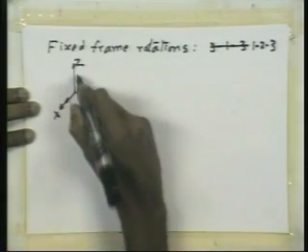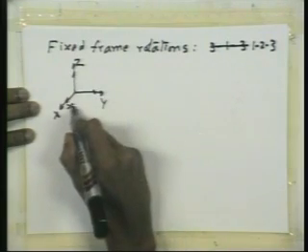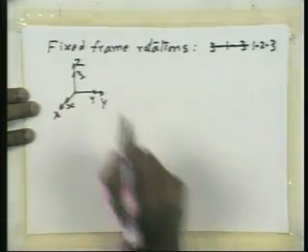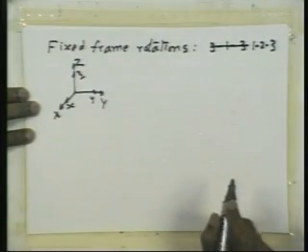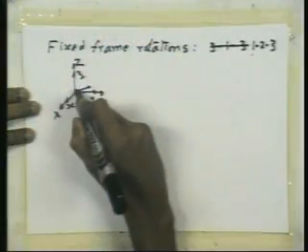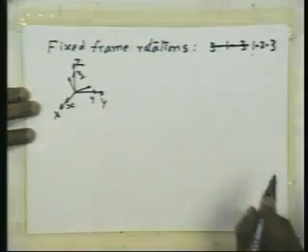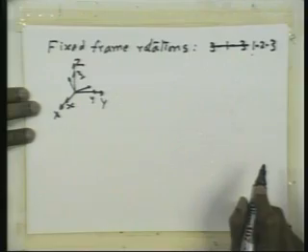So to start with, x, y, z is this. Then you rotate about the x axis, 1 is the x axis. So this goes to, let's say, a new position. Then what do you do?